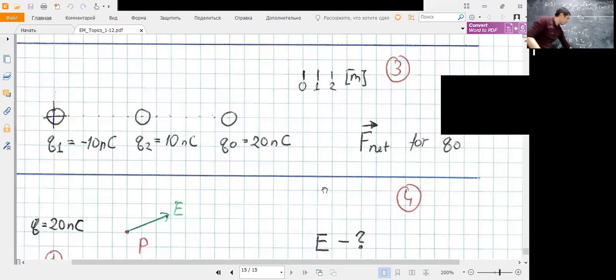You mean here the R20 squared will be square root of 6 squared plus 0 squared, or will it be 36?